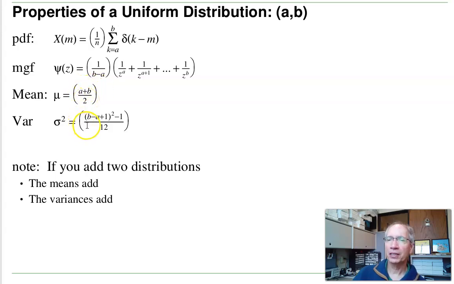The variance is (b minus a plus 1) squared minus 1, over 12, 35 over 12 for a 6-sided die. And a thing to note, when you add distributions, the means add and the variances add. That's why in statistics we typically use the variance. A lot of people like the standard deviation. We use that later on. But the standard deviation doesn't add, it's the variance that adds.